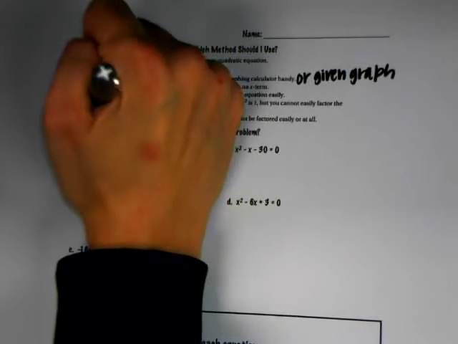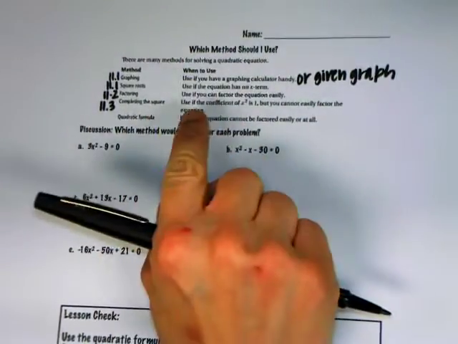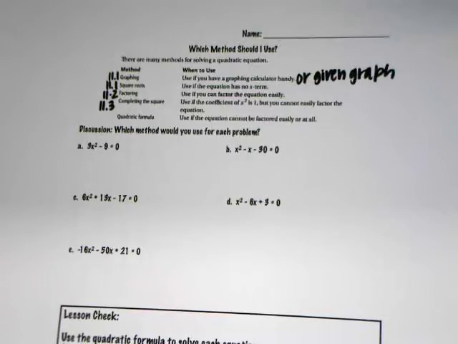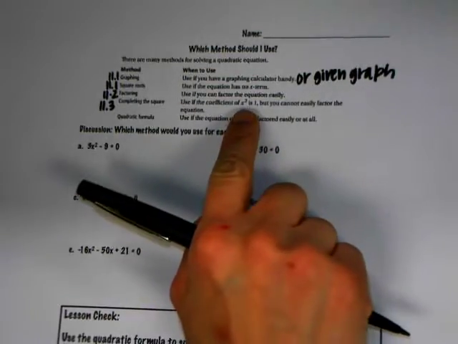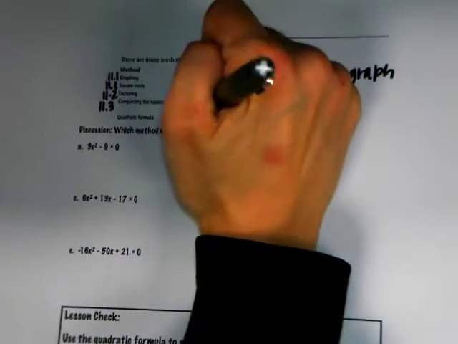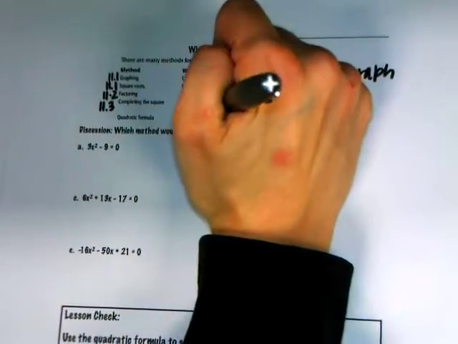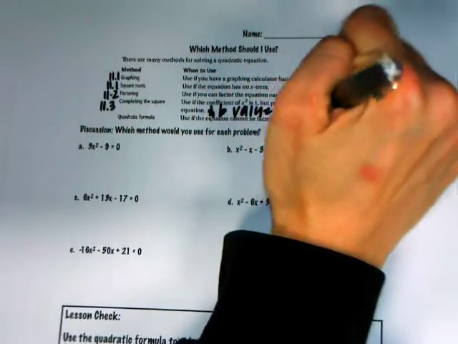Completing the square is the next one. So if you cannot factor it, you're going to try completing the square. But you only really want to use completing the square if there's no number in front of the x squared, it can't be factored, and the b value is even.